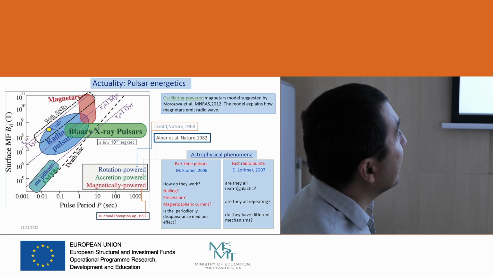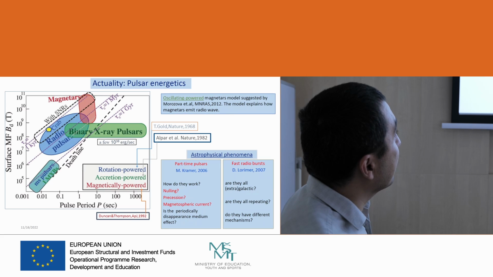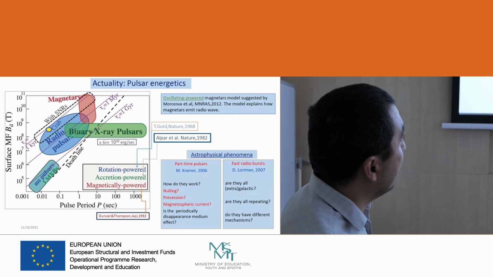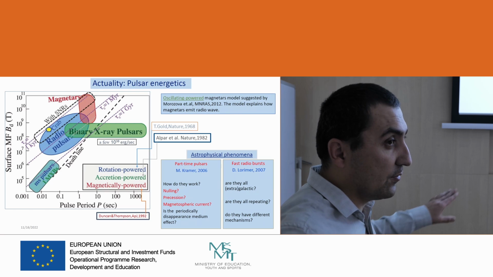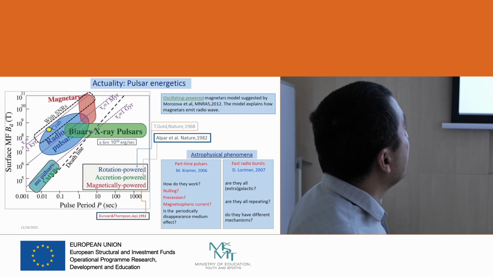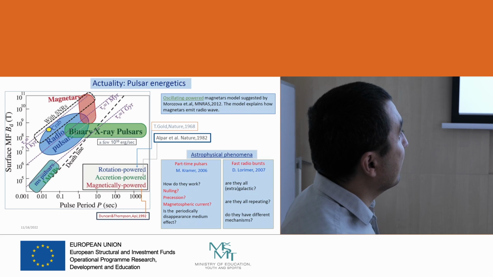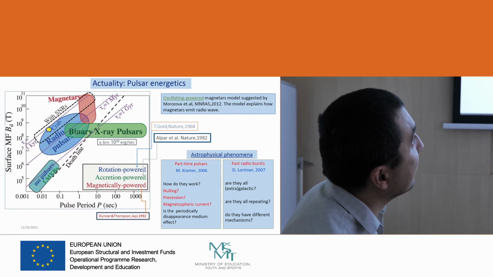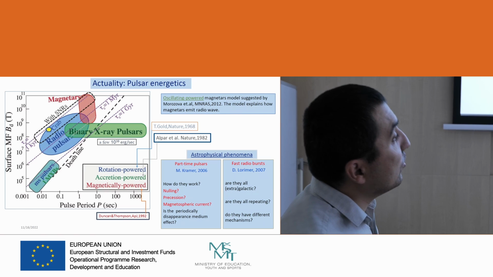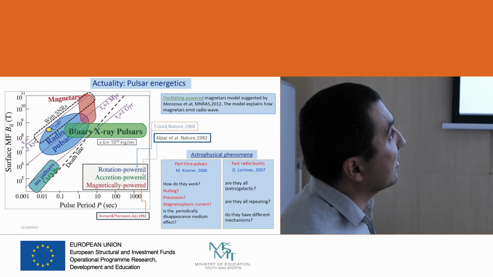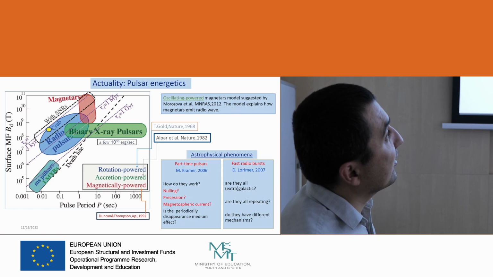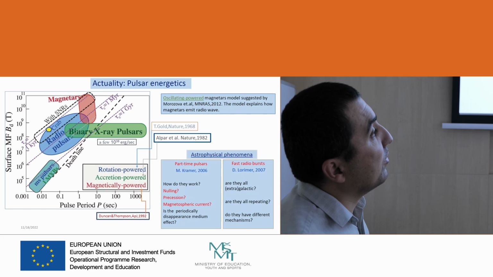In green, binary X-ray pulsars and low-mass X-ray pulsars are powered by the accretion flow, and the millisecond pulsars and radio pulsars are rotation powered pulsars. A new model has been suggested by Akhmedov and Morozova: oscillating powered pulsars.